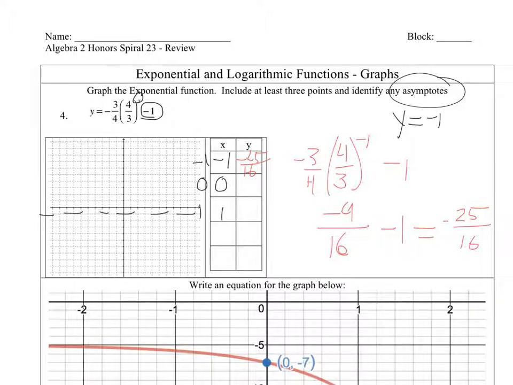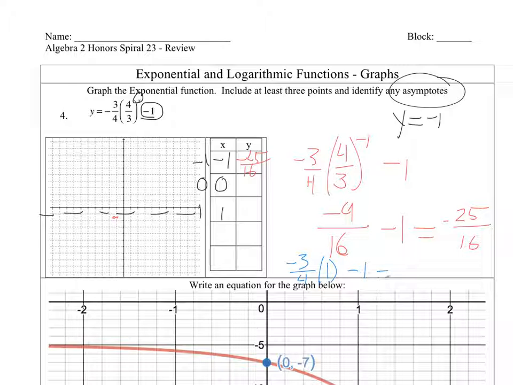Okay, so that's going to be the point that is something like this. It's a little bit less than negative 1, but not quite to negative 2. Next up, I'm going to plug in 0. Negative 3/4 times 4/3 to the 0 is 1.